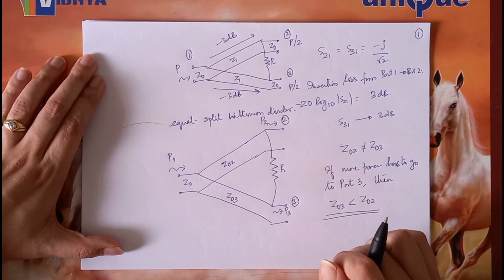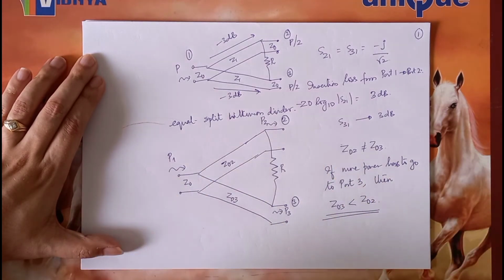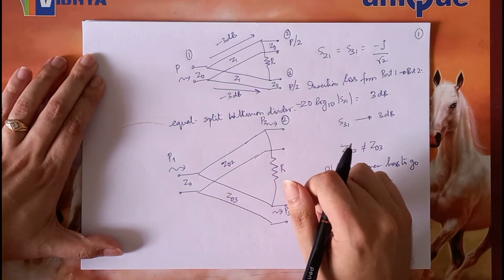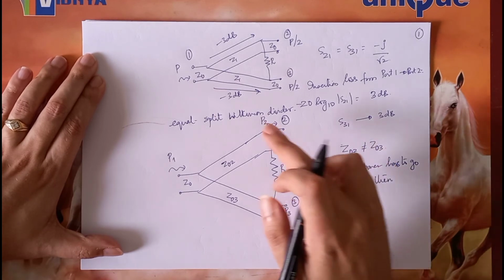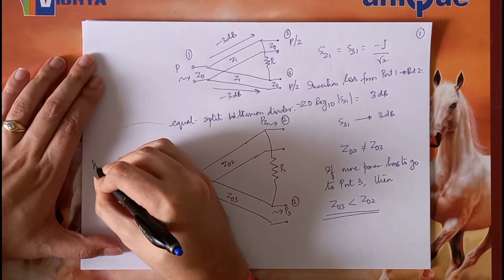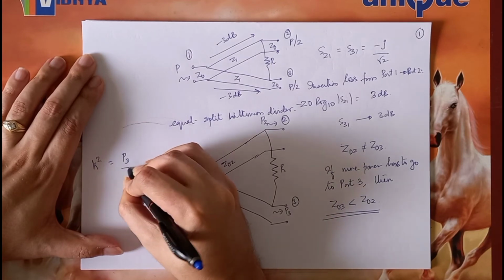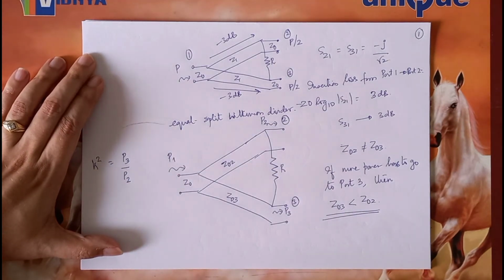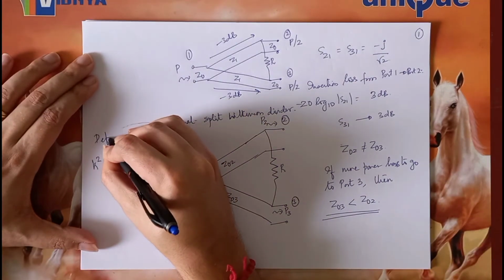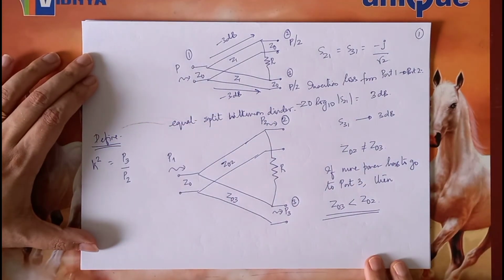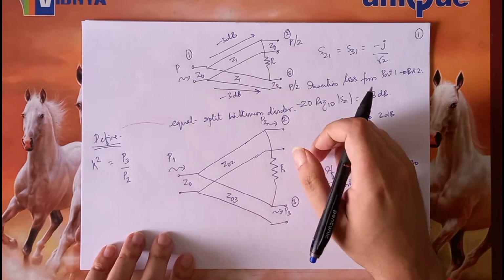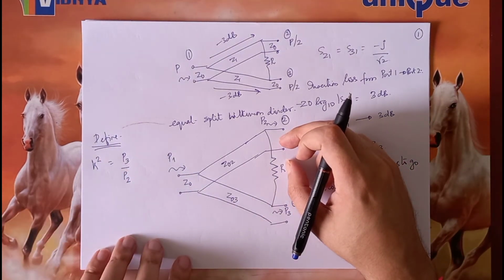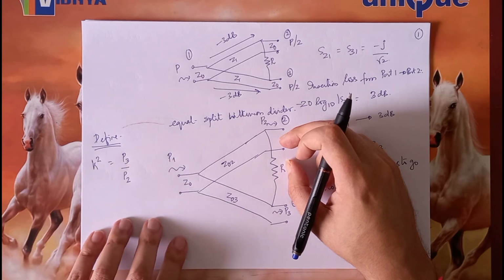So, if we define the ratio between the power at port 3 and the power at port 2 as equal to some k square, then if you take the root of k square, you will get k, which will essentially be a voltage ratio. So if you take the power ratio of P3 with respect to P2, you can define this as k square.